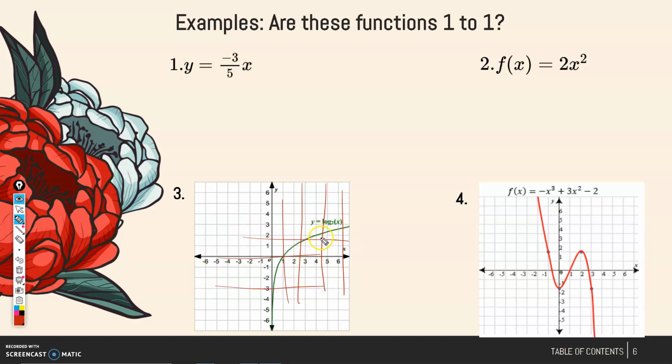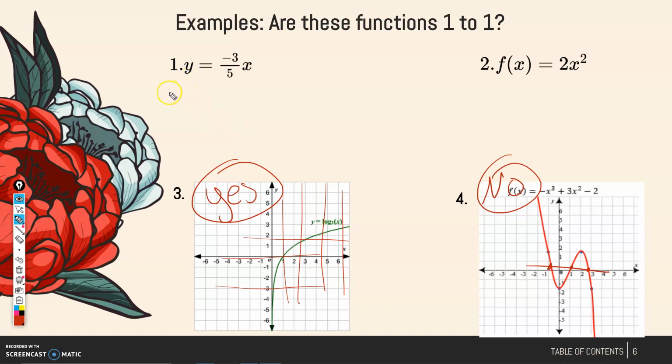It only hits exactly once, so yes. Number 4 looks like it will fail the horizontal line test because it hits 3 times, so no, it is not one-to-one. Graphs are really easy: vertical line test, horizontal line test. If it fails either of those, no, it's not a one-to-one function.